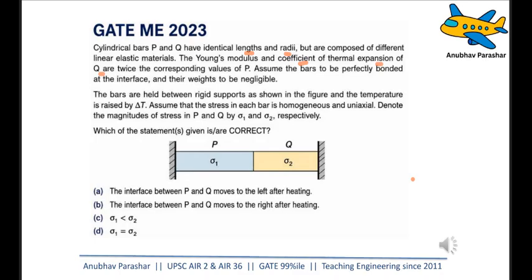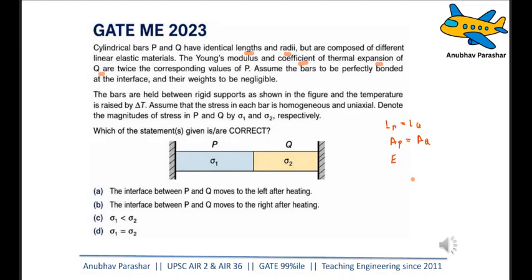Now, whenever we are reading a question, we should always try to write down the values that are given, and it always helps. So what is given is that length of P is equal to length of Q. Radii are equal means area of P is equal to area of Q. But the materials are different.